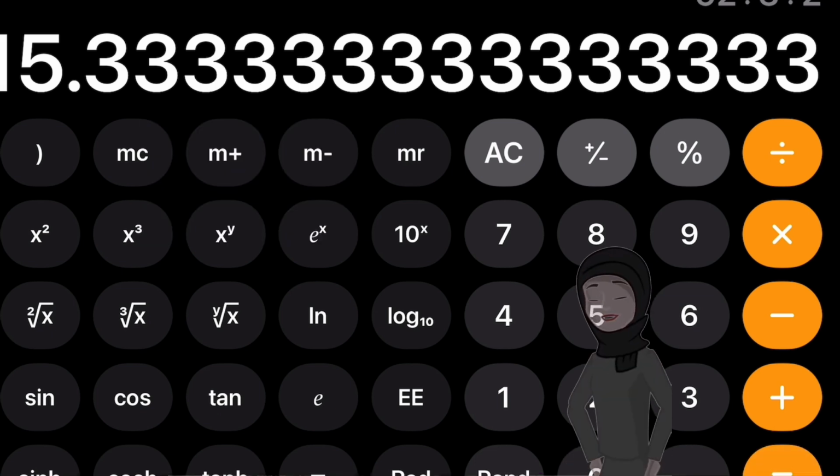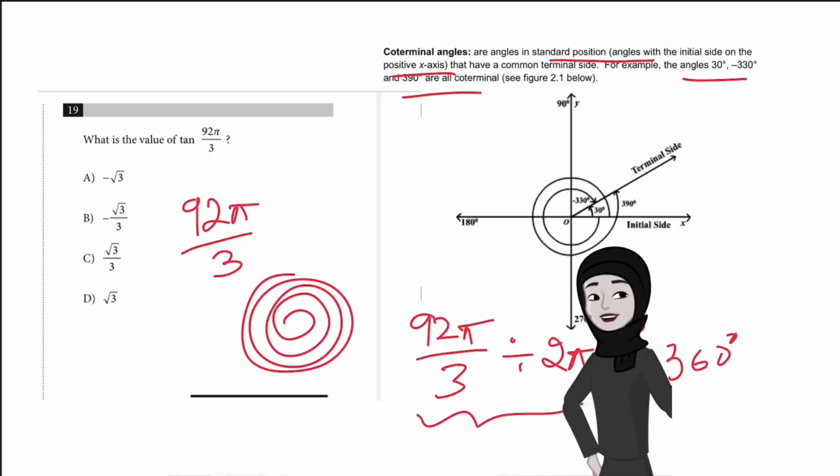That means 15 times it's circling, and then 0.33 is the angle where it stops. So we will write that in terms of fractions now. 92π/3 can be written as 15 revolutions plus another 2/3 revolution.